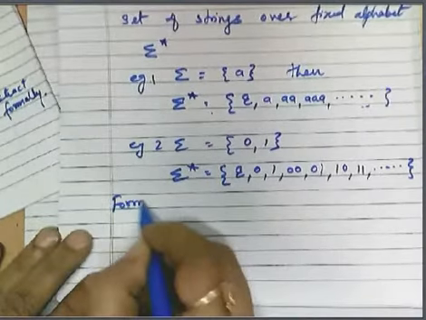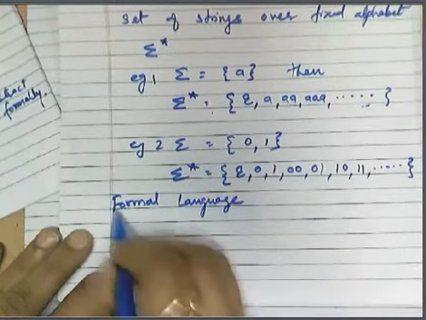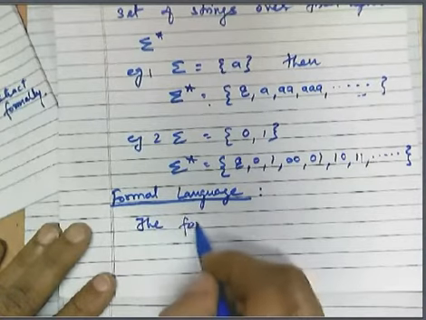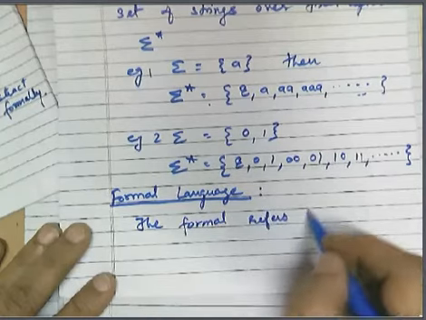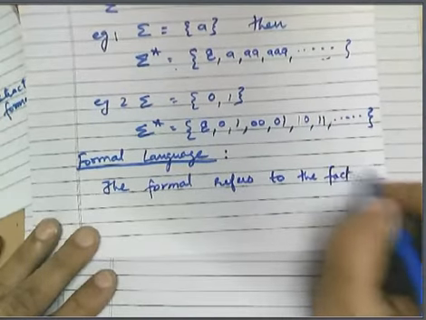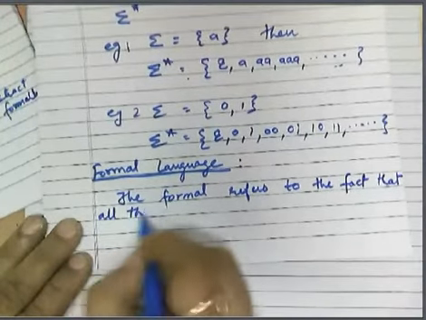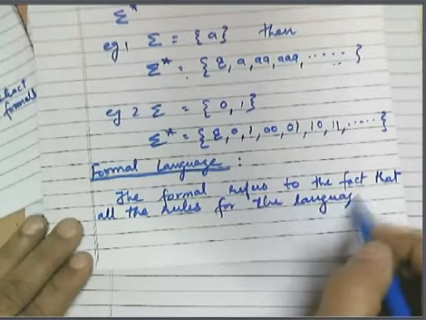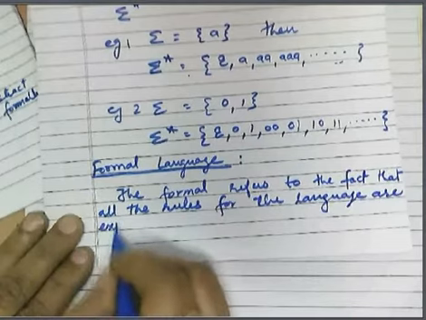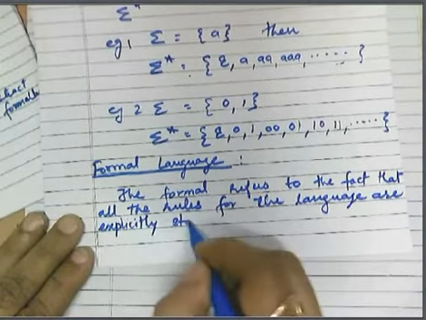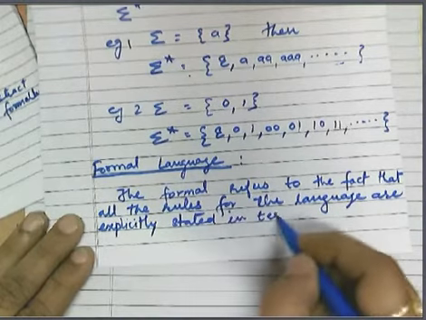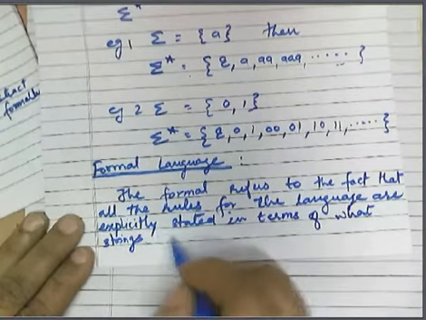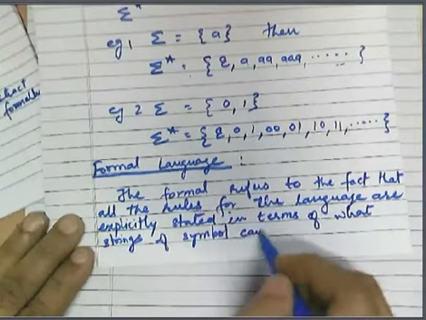So, formally, the word formal refers to the fact that all the rules for the language are explicitly stated in terms of what strings of symbols can occur.